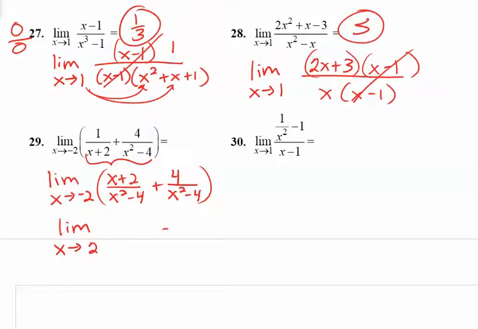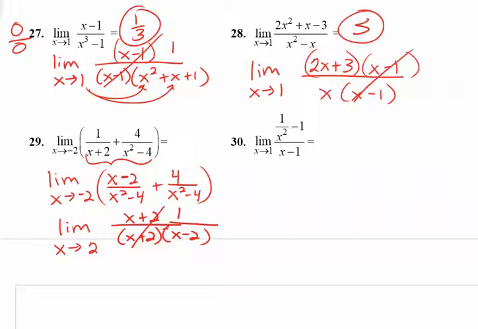So our numerator, oh, sorry, I guess I was multiplying by x minus 2. So our numerator is now x plus 2. And our common denominator is x squared minus 4. So let's factor it. And now we can see there's a hole in the graph.